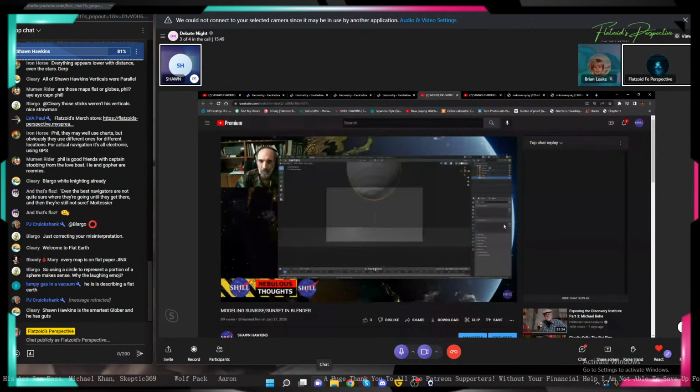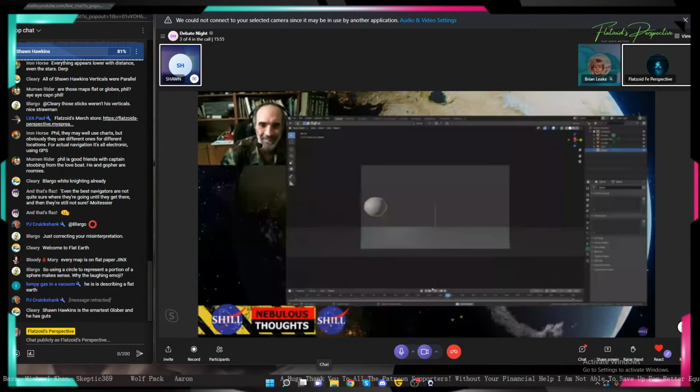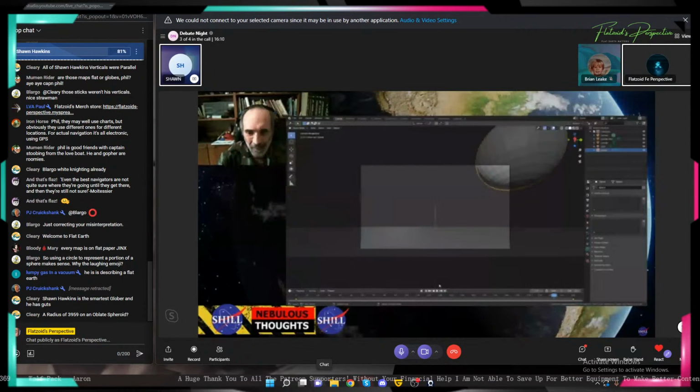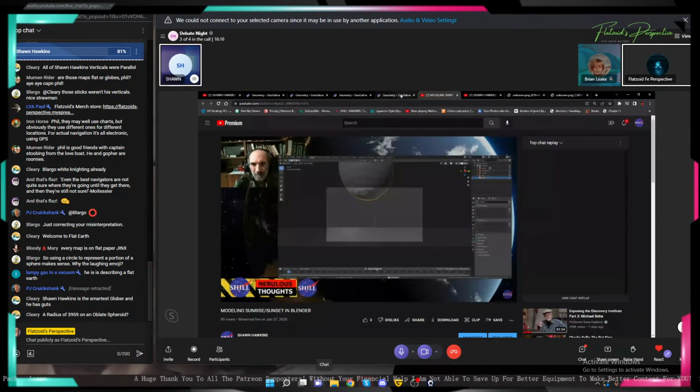This is what the sun would look like on a flat Earth, making a circle overhead at approximately 3,000 miles overhead. Now, this is if you were at the North Pole looking at it. And there's no reason why we shouldn't see it at the North Pole on a flat Earth. The sun would never set on flat Earth, ever. It would never be dark on flat Earth. Geometrically impossible. So, that's it.